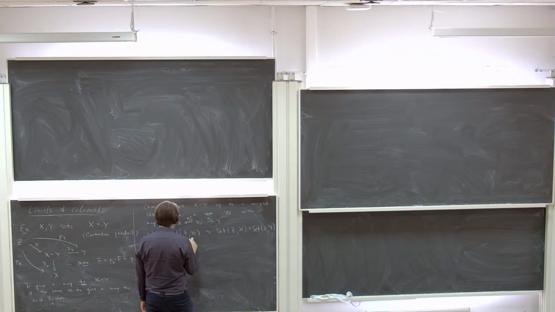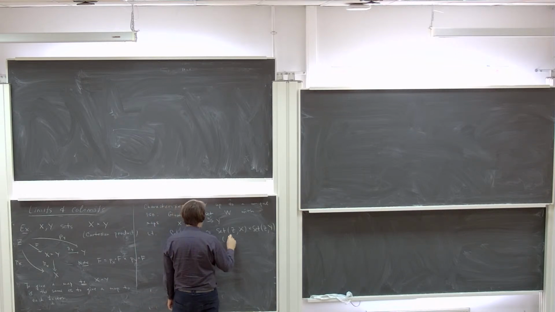So this takes a map F to the two components.